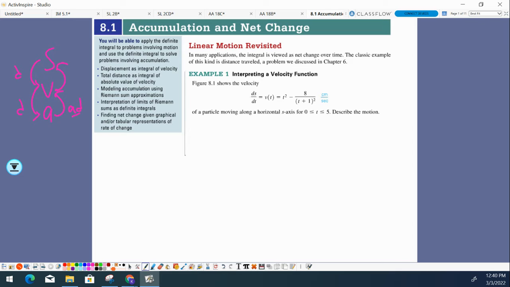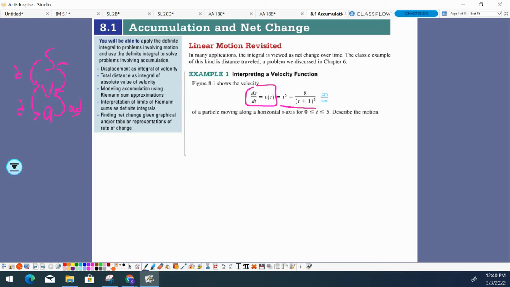Looking at this first equation, the derivative of position, so that's velocity, equals this equation. Go ahead and put that equation into your Y1 and graph it.